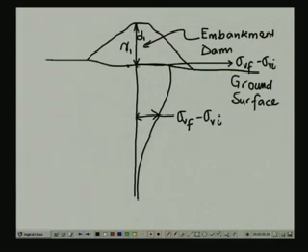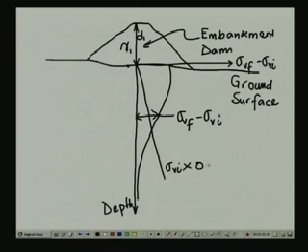Now, typically the overburden pressure sigma Vi, both these things are being plotted against depth. Sigma Vi is going to gradually increase with depth, and let us say we are plotting sigma Vi divided by 10.